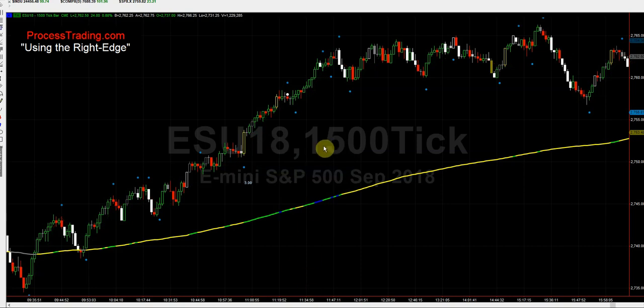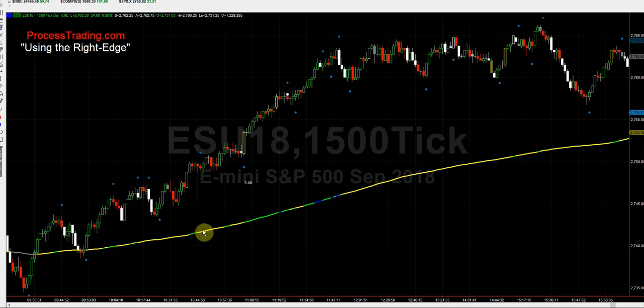That is it. So let's explain this very quickly, what you would have to have done today. In the processtrading.com right edge trading system, you have this line right here, which is the process trading VWAP line. Now, it also serves as a support and resistance. It also serves as a regression to the mean, but it is a primary function for trend trading.